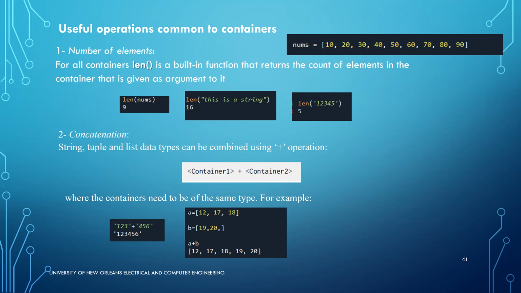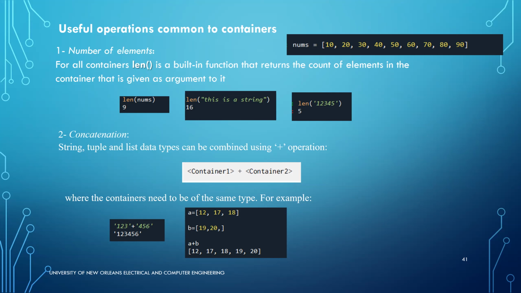Some of the other things that we can do is concatenation to join lists together. String, tuple, and list data types can be combined, can be concatenated, using the plus operation. So it's simple. If we have one container and we add the plus to another container, then it joins the two into a new container that includes both of them, with the only caveat that the containers need to be of the same type.